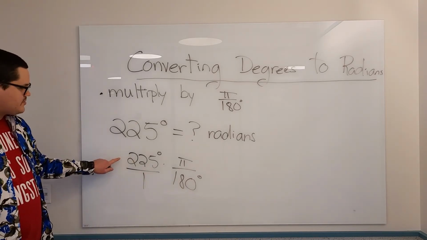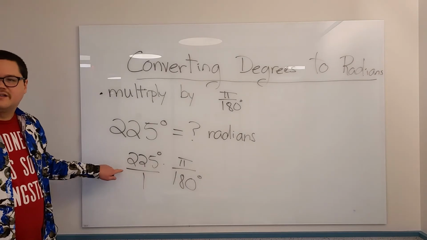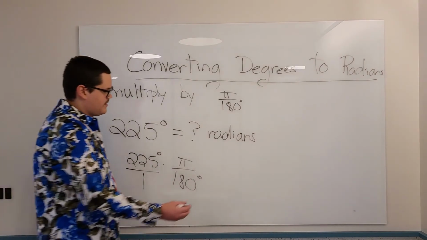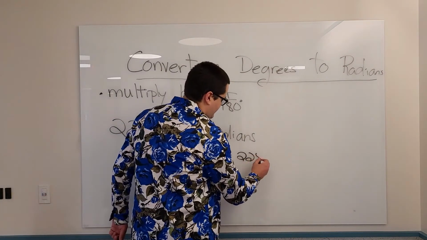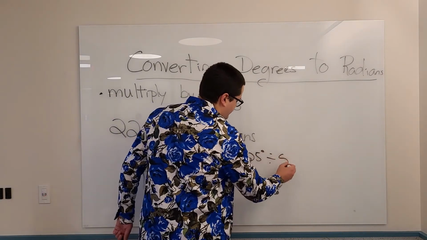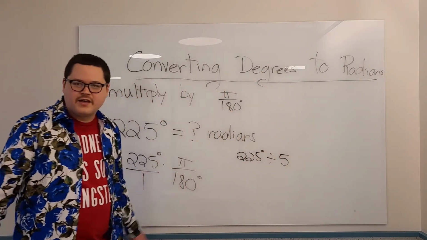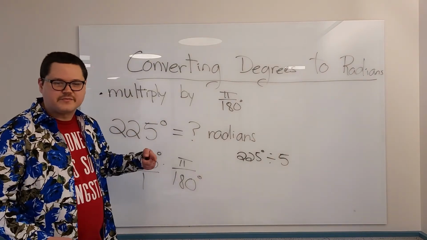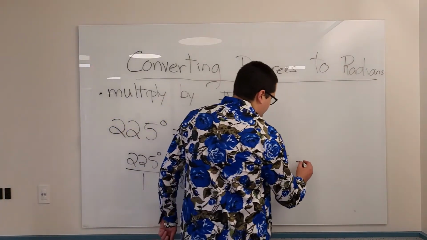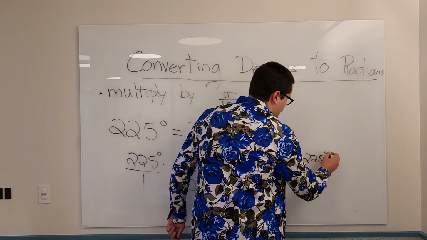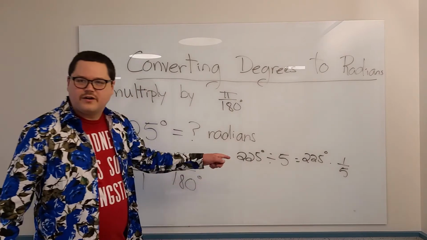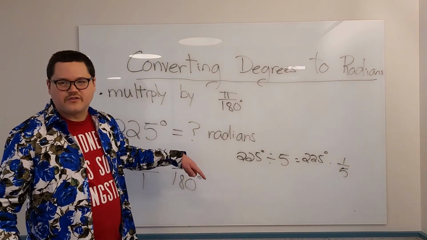So let's do 225 degrees divided by 5. I'll show you a little trick for how to do that. Dividing is multiplying by the flippy dippy, or the reciprocal. So that's 225 degrees times 1/5. And 1/5 is the same as 2 over 10.